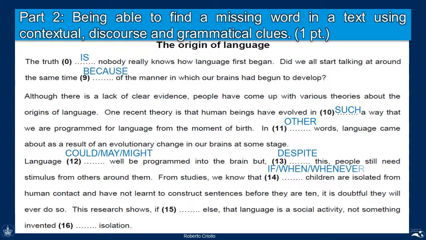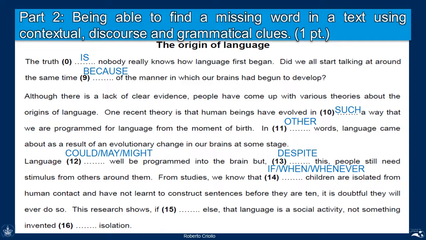From studies, we know that if children are isolated, when children are isolated, whenever children are isolated from human contact and have not learned to construct sentences before they are 10, it is doubtful that they will ever do so. This research shows if, and then we have else, so we need something to contrast, right? It will be then nothing.